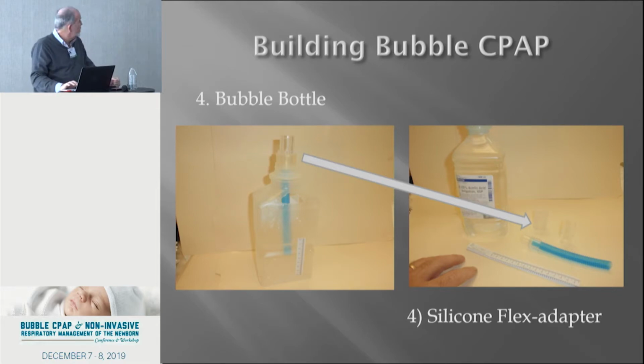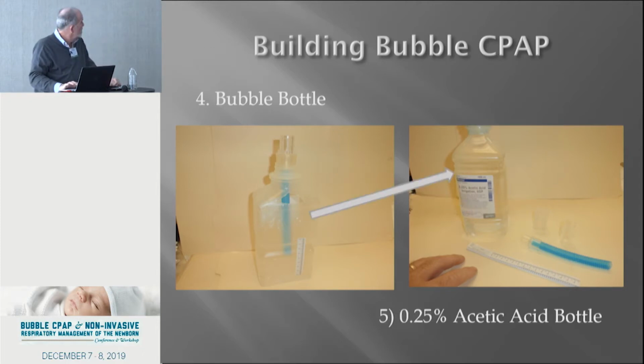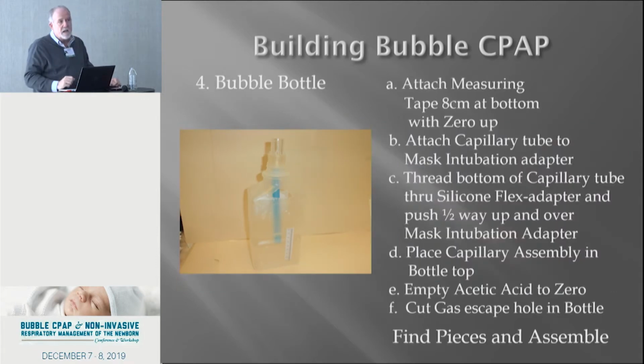Like I said, this isn't an issue with the commercially available ones, but it was at the time. So it's very snug in the bottle at the top, and we cut a hole. Like I said, GBMC at the time, and I haven't been up there in a while, had something like a pencil or some kind of thing to hold it in place. And then the bottle, there's the acetic acid. And you put them together, that's how verbally you would do it. These slides are available online if you need to look through it.